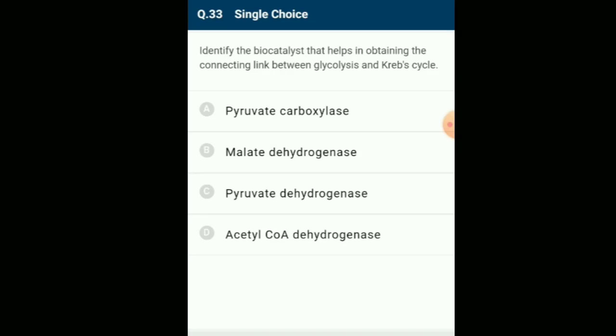The pyruvate molecule then enters the mitochondrial matrix where it is converted to acetyl CoA by a reaction known as oxidative decarboxylation in the presence of the oxidizing agent NAD plus. The enzyme responsible for this reaction is pyruvate dehydrogenase and the cofactor is magnesium 2 plus. So the answer for this question is option C, pyruvate dehydrogenase.